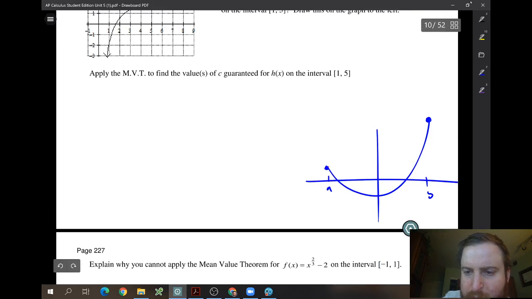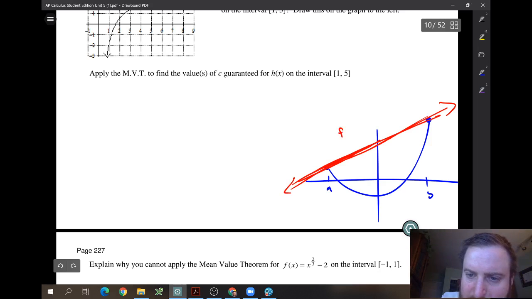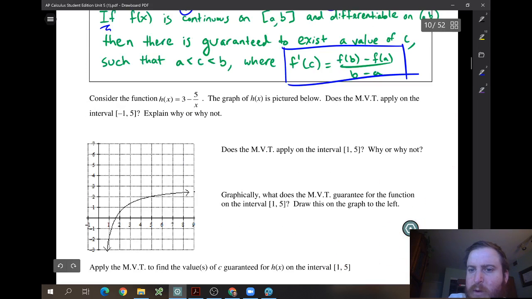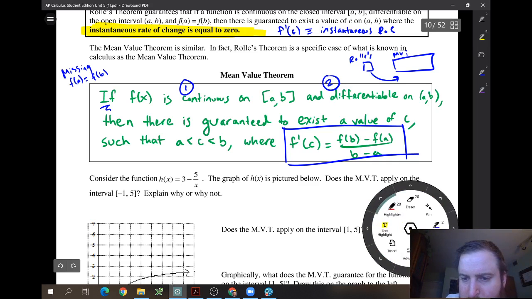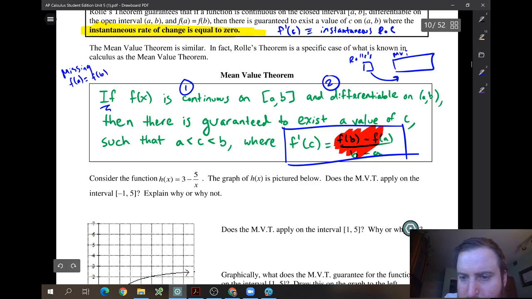So that part is the slope of our secant line. So this guy's slope, right? This is the f of b minus f of a over b minus a part. So if we used a highlighter, that's that part.